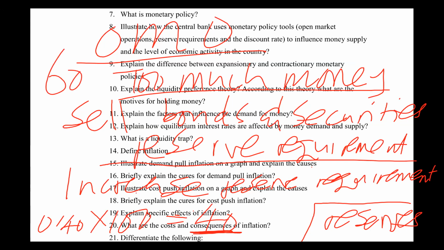Into circulation. So when the central bank wants to reduce the supply of money, what they do is increase the reserve requirement. To increase the reserve requirement simply means to increase the amount of money that should remain at the commercial bank.